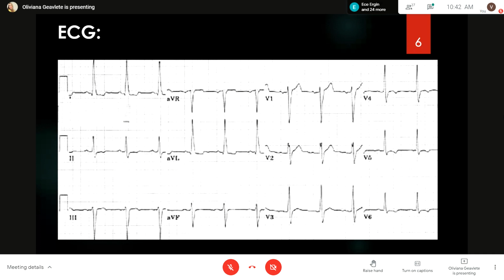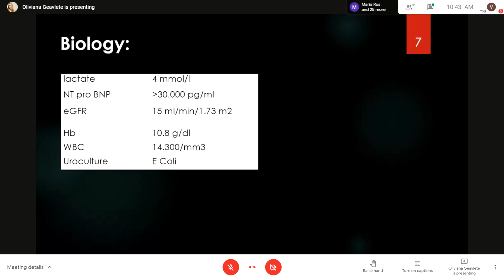Great. So more than 11 in aVL. And you have some negative T waves in the lateral leads, and this could be due to ventricular hypertrophy.